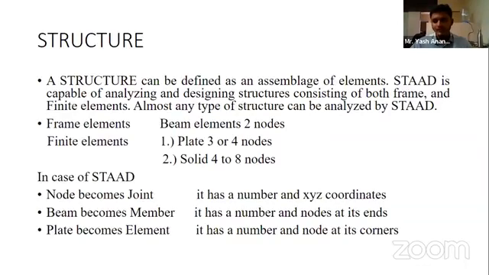What is a solid? A solid means 3D. If we have a plate of 4 by 4 and its height is also 4, that is a solid. A solid has 4 to 8 nodes. A node or joint has a number and XYZ coordinates. A beam becomes a member, which has a number and a node at each end.